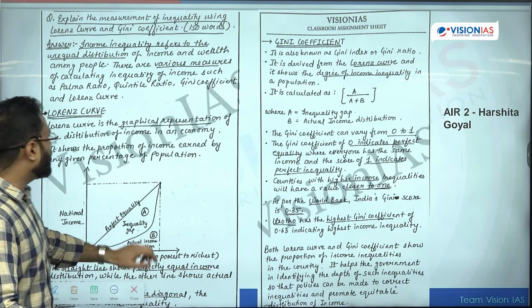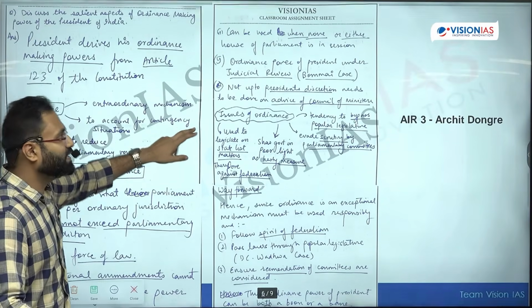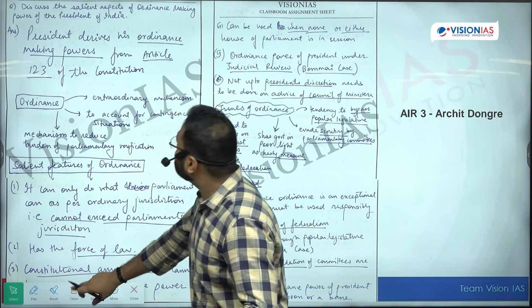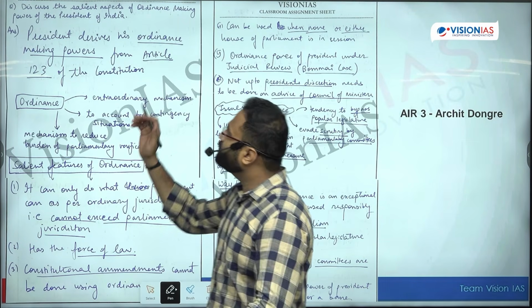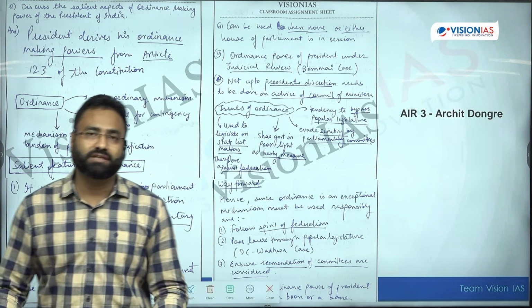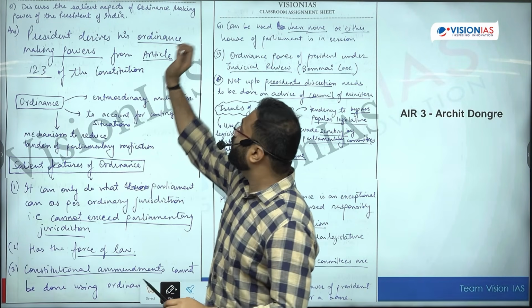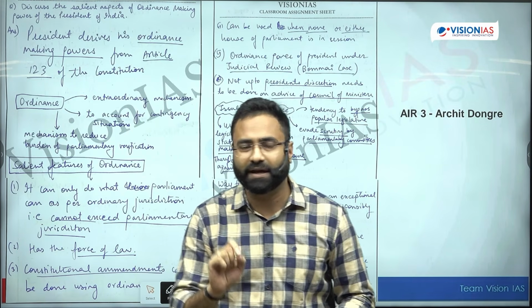Similarly, if we talk about the next answer, which is written by Archit, again, it is on a different theme. The question says: discuss the salient aspects of the ordinance making power of the President of India. Now see, in this particular class, we can assume that the topic of the ordinance, or the power of the President with respect to ordinance making, might have been covered.